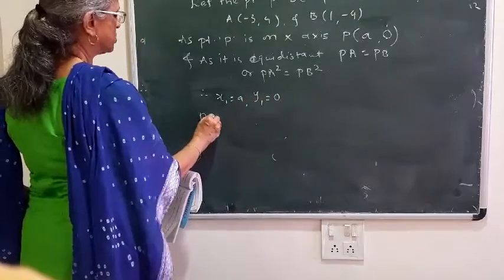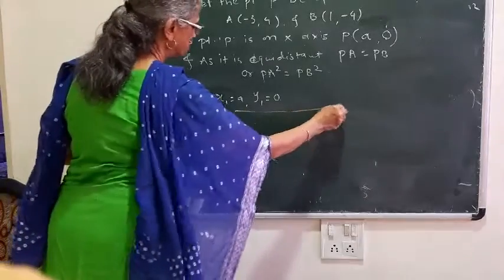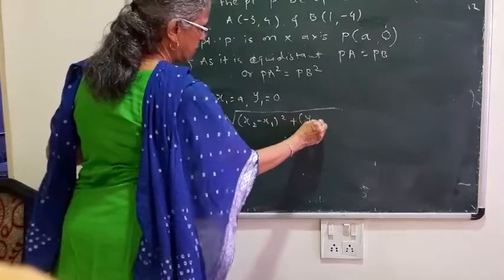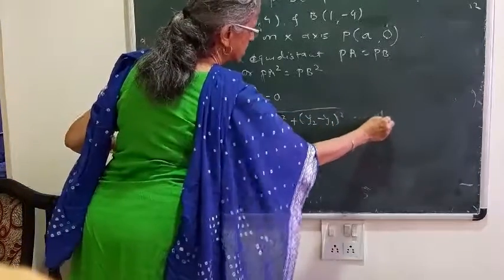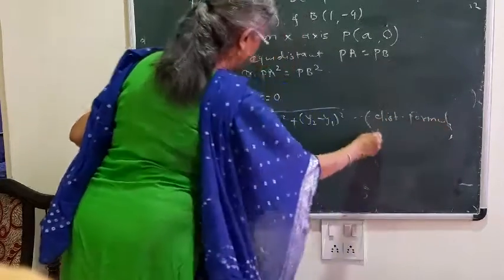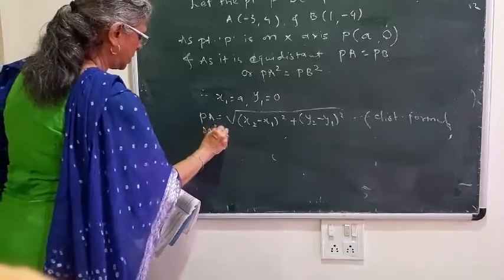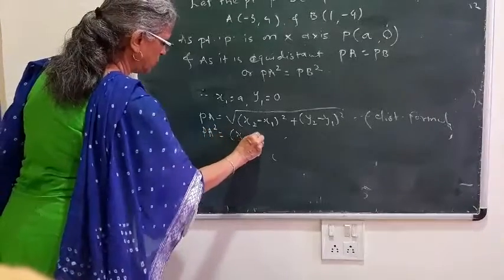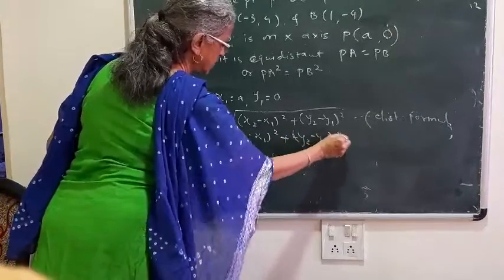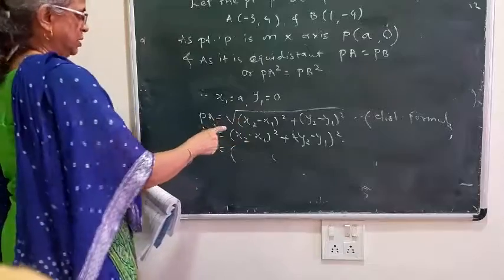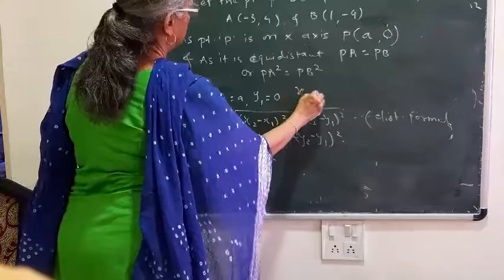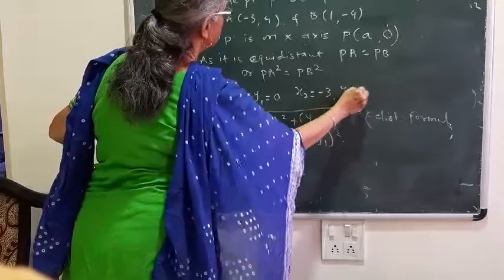So what will be PA square? PA will be, by distance formula, root of (x2 minus x1) square plus (y2 minus y1) square. When we have PA square, that will come out of the root. So here x1 y1 I have already written, x2 y2 I am going to write: minus 3 and y2 is 4.